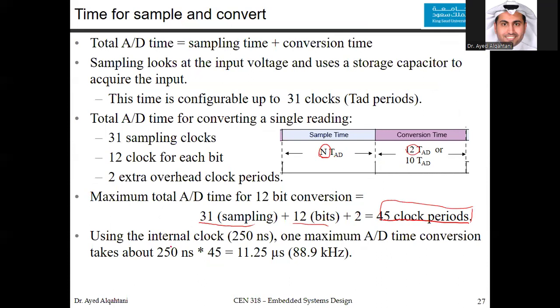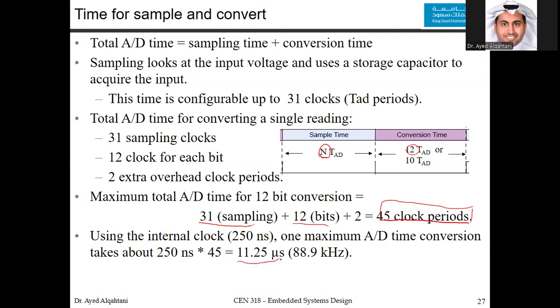So if you use an internal clock, you know that it's 4 MHz, or 250 nanoseconds. So for one maximum AD conversion time, if you have a single reading, you would take 250 nanoseconds multiplied by 45 clock cycles, which is going to be 11.25 microseconds.